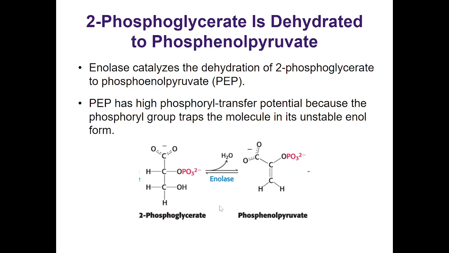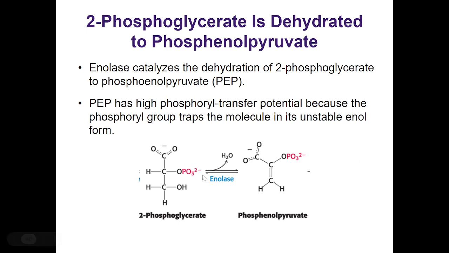So remember how enol forms are extremely unstable typically? Well, this one actually traps it in that form. What that means is we've trapped it in an extremely high energy form, and we set it up to react fairly easily to form anything else, okay?